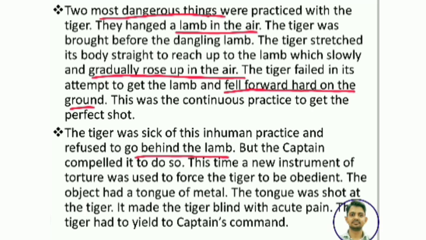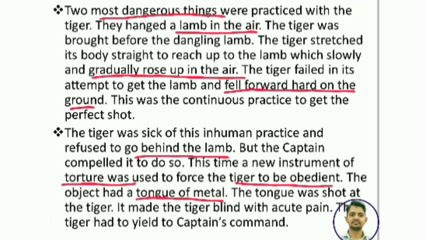See what the captain did here. The captain took out a new instrument of torture, so that the tiger would be obedient. It was an object with a tongue of metal. When the captain shot that tongue out, the tongue would touch the tiger and the tiger would get immense pain.